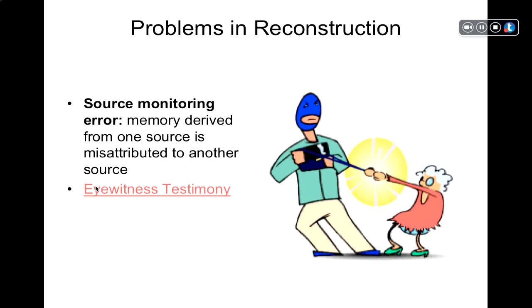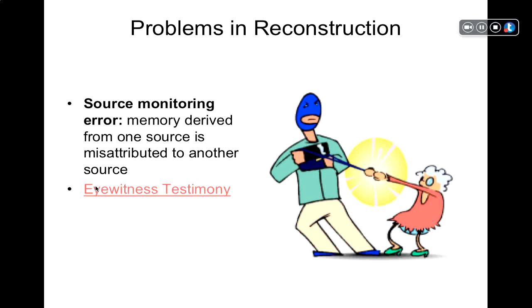And this memory is actually incorrect. It was the uncle who was the perpetrator, but the person is convinced that the perpetrator was her father, and so she has misattributed the abuse to her father when the actual perpetrator was her uncle.